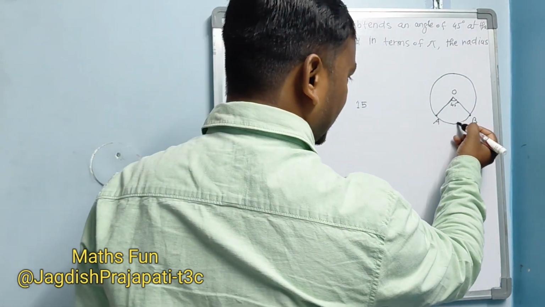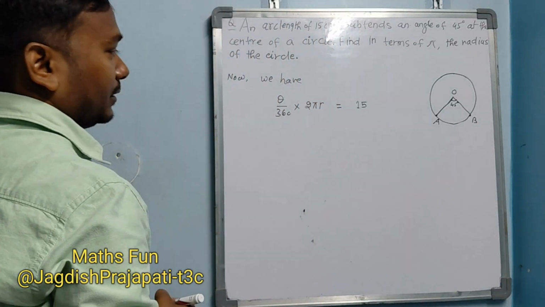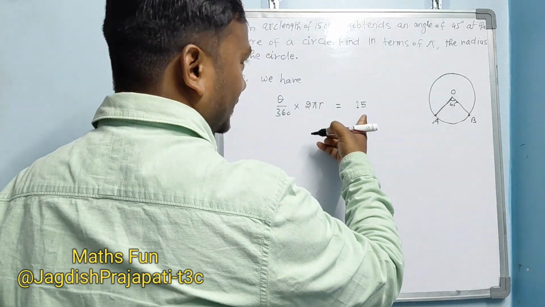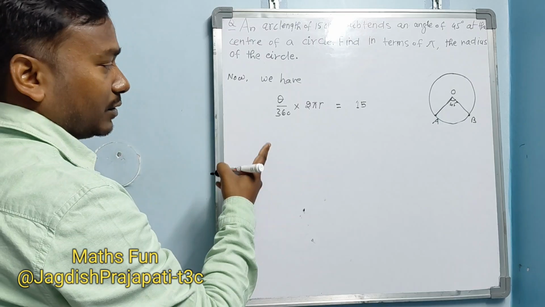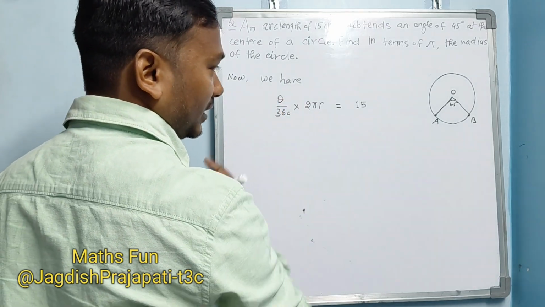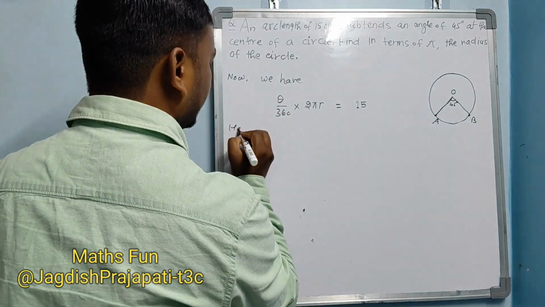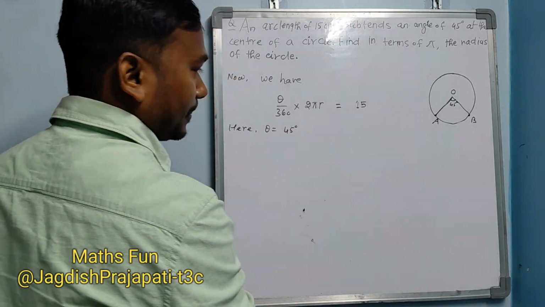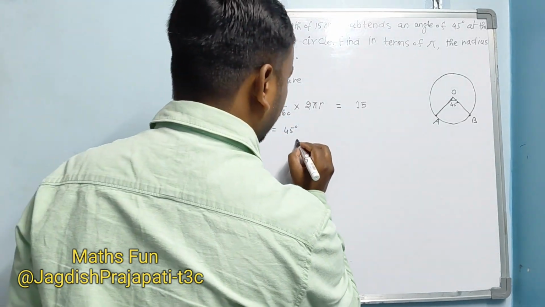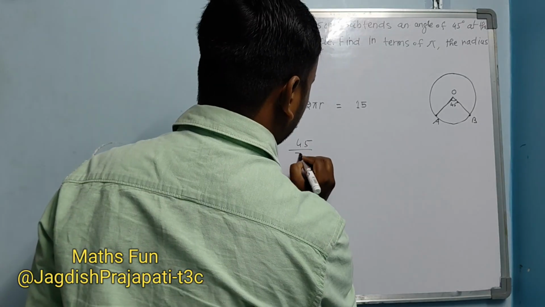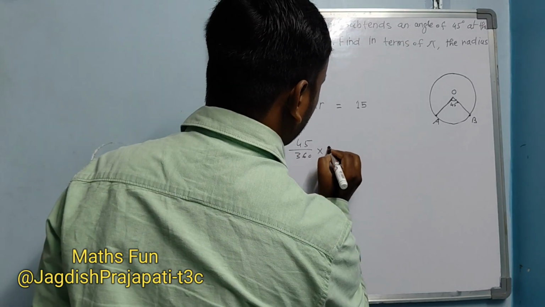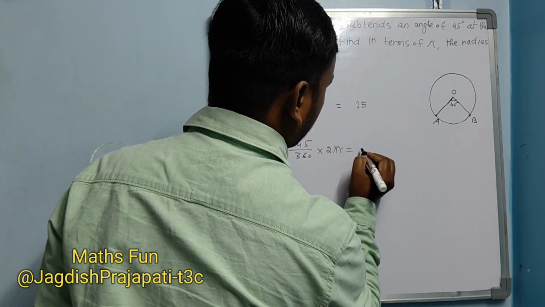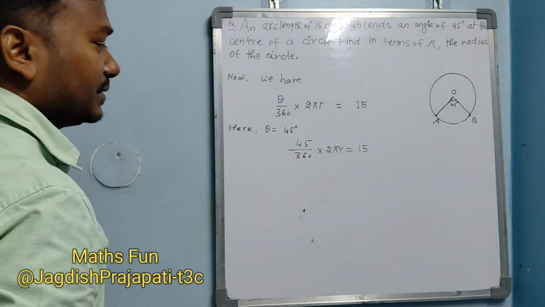So now this length is given 15 centimeter and according to our assumption is equal to theta by 360 into 2 pi r. Here theta is 45 degree. So let us put that. So 45 degree by 360 into 2 pi r, and this is equal to 15.